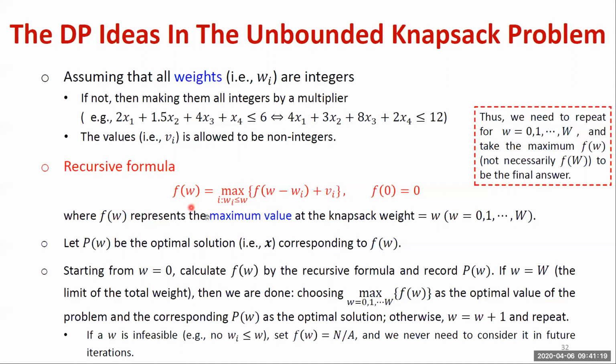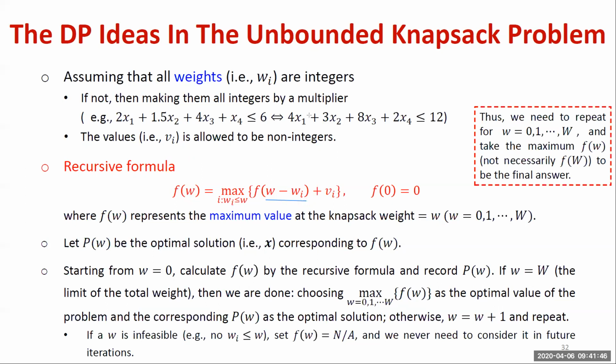Here's the problem. In other words, how to reach a knapsack weight equal to this W. Be careful here, because the weight of each item i is Wi. So actually, to reach this W, you only need to check this, W minus Wi. Let me draw a line here.